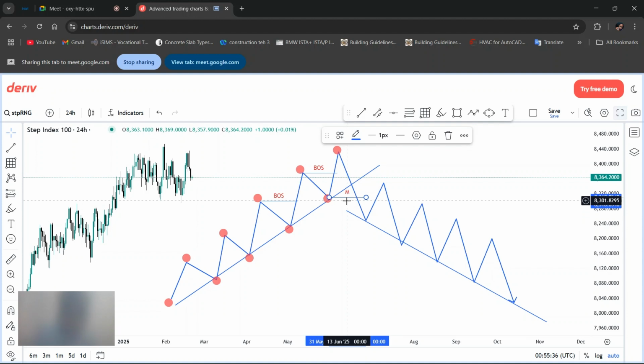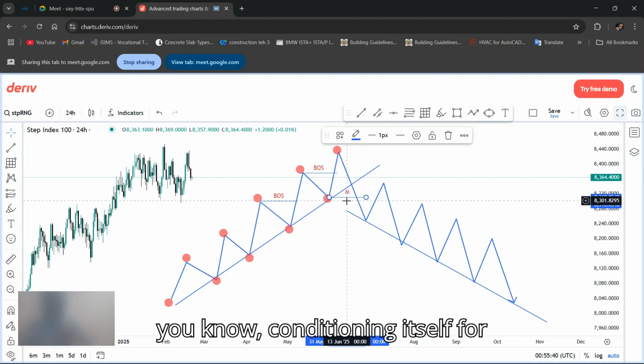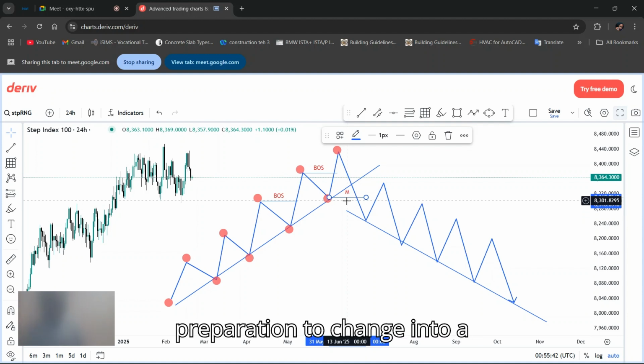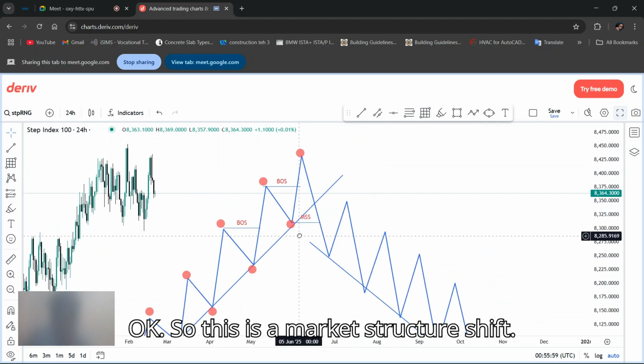So the market structure is shifting from an uptrend, conditioning itself in preparation to change into a downtrend. So I call it MSS, market structure shift. Okay, so this is a market structure shift.